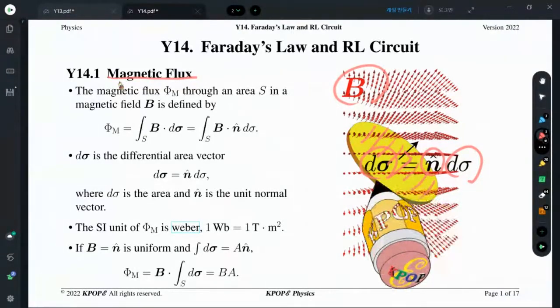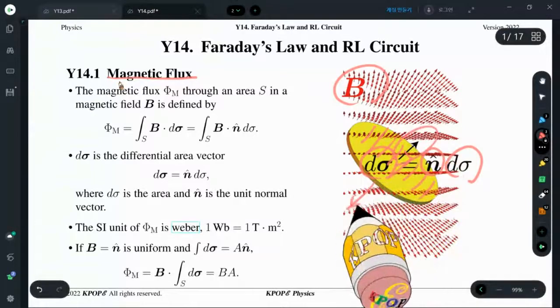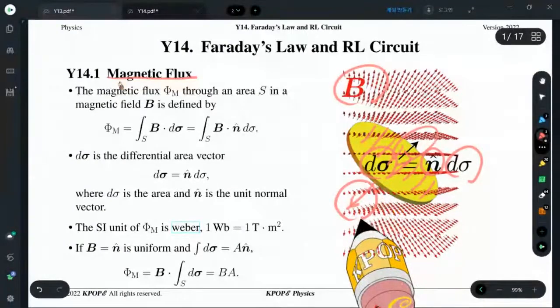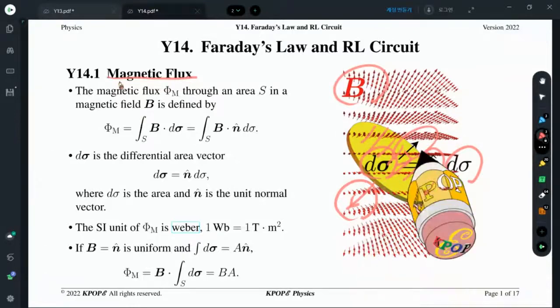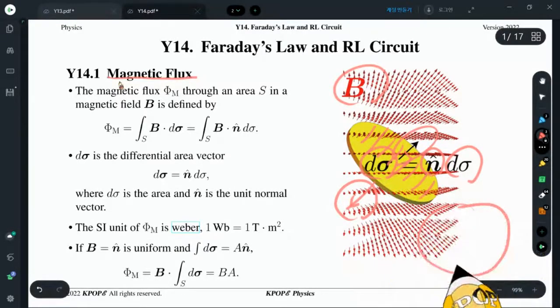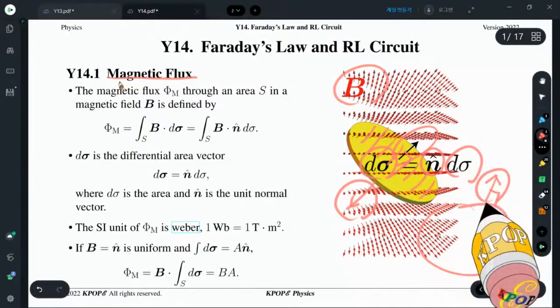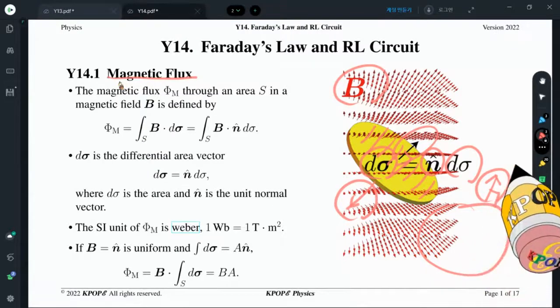You should be careful whether you choose this direction or that direction, that is opposite. Usually, we choose a single direction. If you choose a closed surface, the normal vector is always from inside to outside.